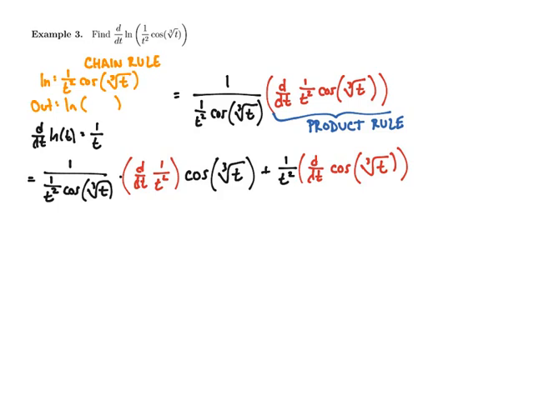And I'm going to do a little housekeeping here. I am going to write not 1 over t squared, but t to the negative 2. And I'm not going to write cubed root of t. I'm going to write t to the 1/3. Makes it easier to do those derivatives.